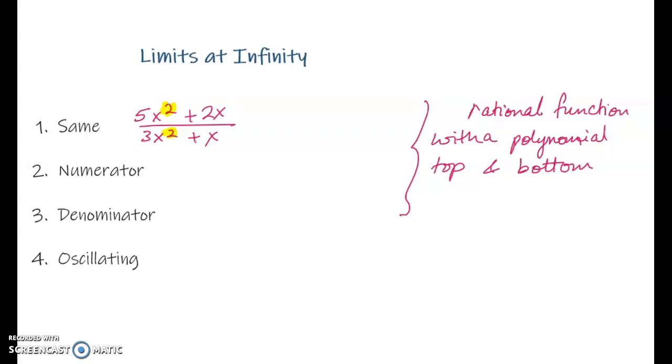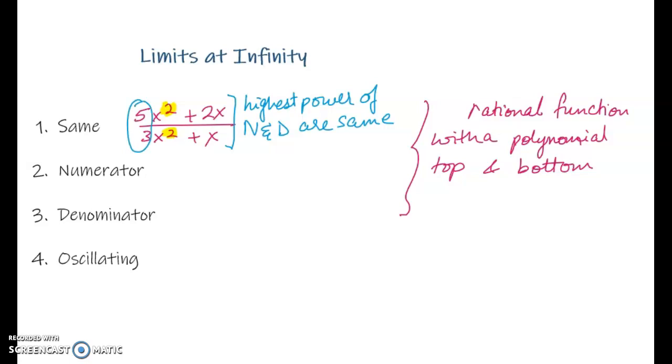So the highest power of the numerator and denominator are the same. What will happen? My answer will be just the coefficients. So for the same, the answer is the ratio of the coefficients.